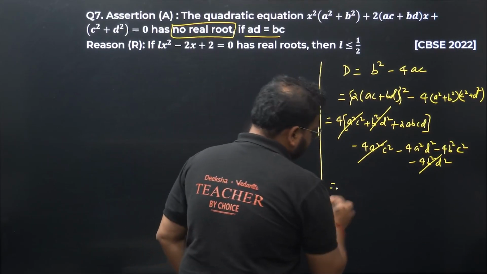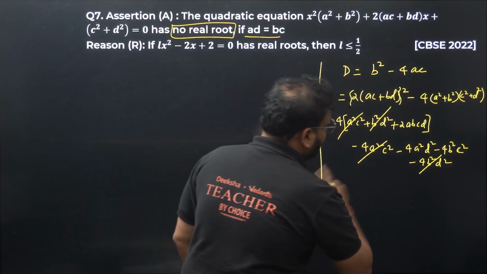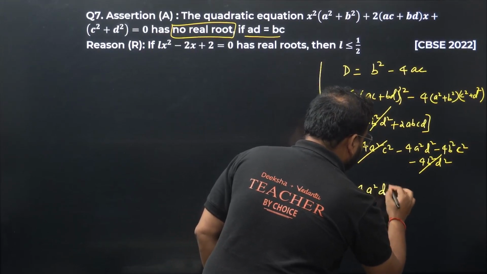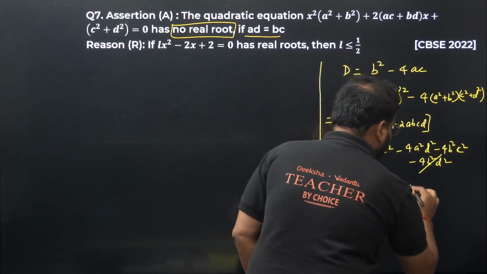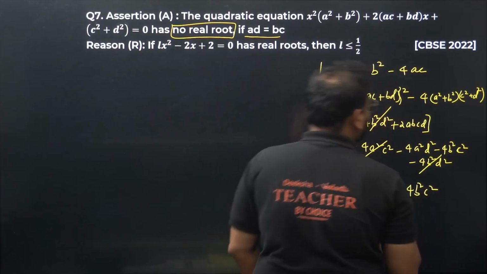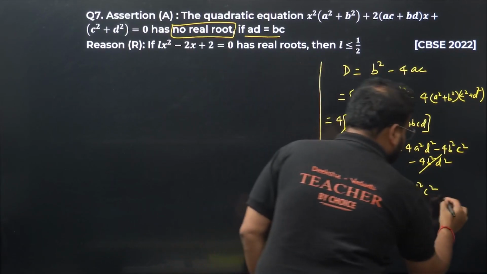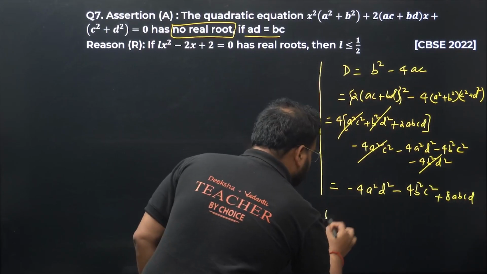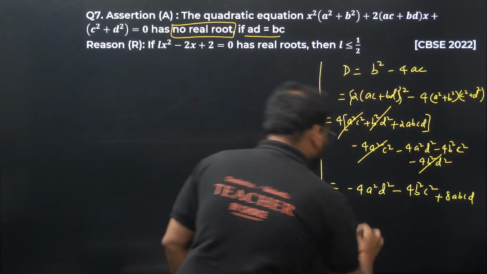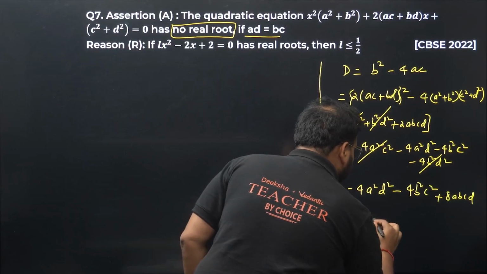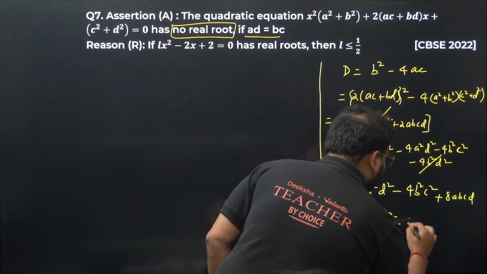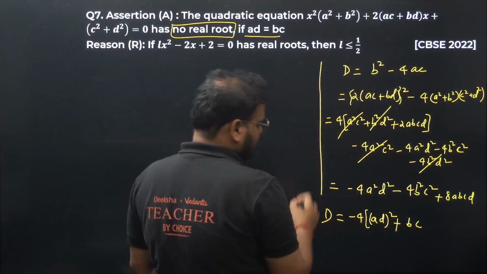I have now over here minus 4 A square D square minus 4 B square C square, and this will become 4 into 2, so plus 8 ABCD. So my value of D so far, take minus 4 common, is nothing but AD the whole square minus, plus, excuse me, I've taken minus common, right?